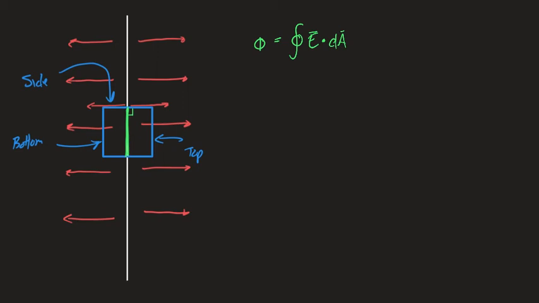When I look at this, I recognize that there's really three separate integrals that I have to add together here. There's going to be the integral of the top. I'm going to add to that the integral of the bottom. And finally, although there's a lot of them, I'm going to put the integral of the sides at the end.